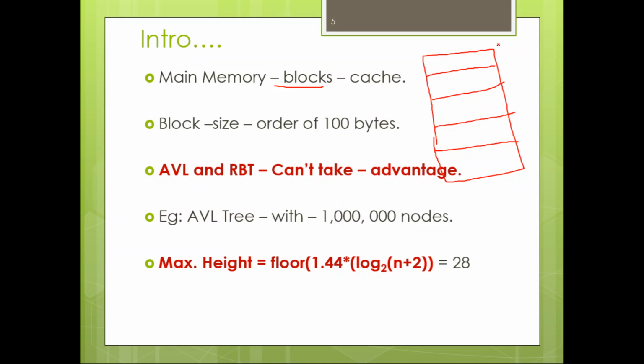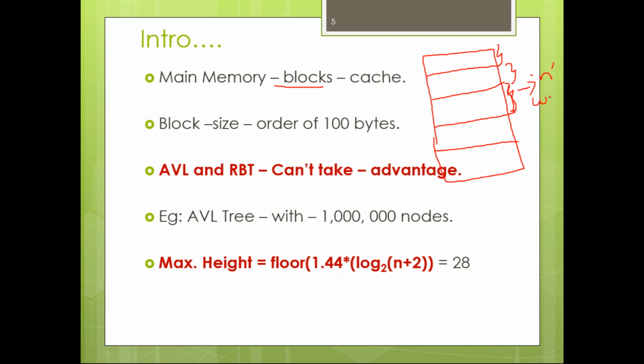Each block is a collection of words. One block may be equal to 4 words or 5 words or 6 words or 10 words. That varies from processor architecture to architecture, or memory architecture to architecture. So each block may have n words.